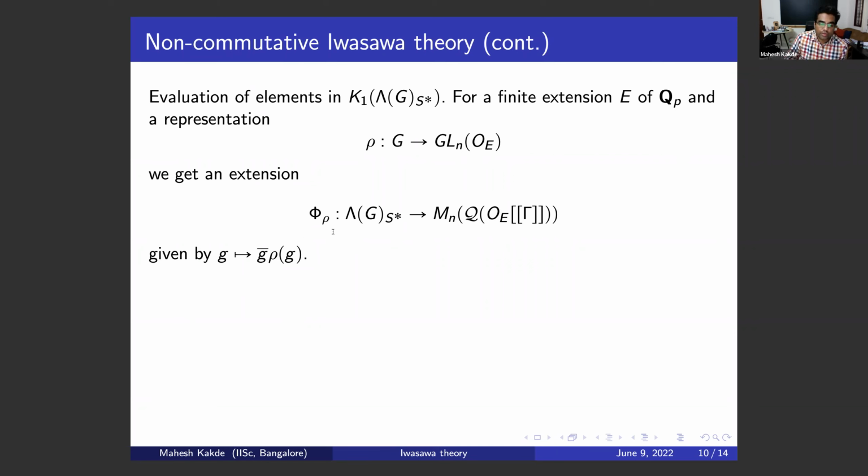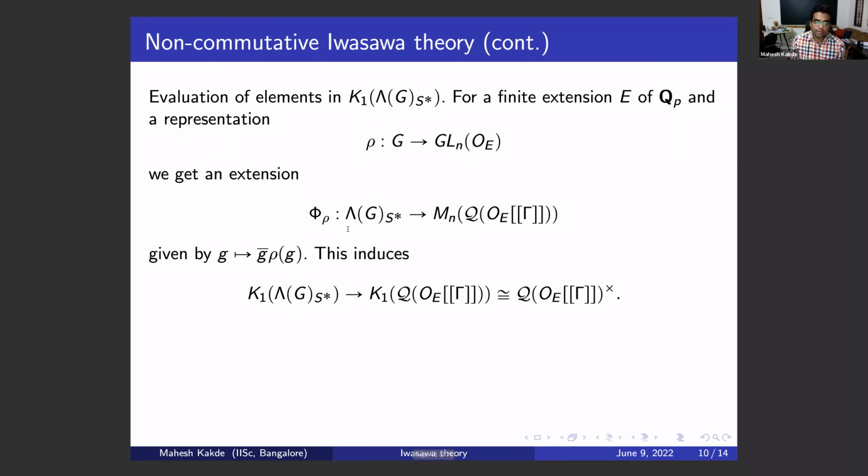And so eventually you get a map from this thing into this particular ring, and that induces a map on the level of K1s. This is the total ring of fractions of O_E double bracket Gamma. K1 of this M_n is the same as K1 of just the 1x1 matrices, which is the same as the units here.